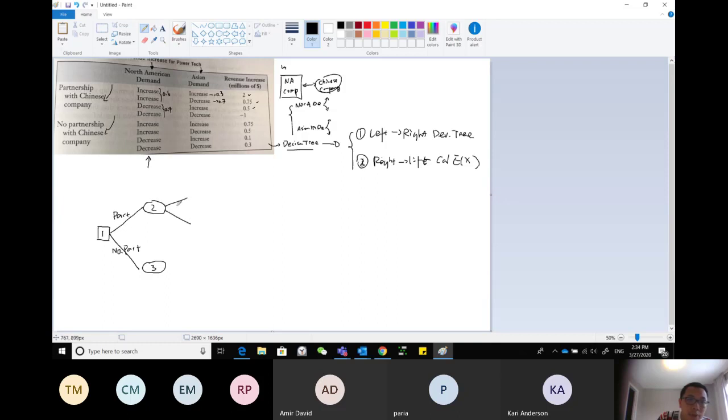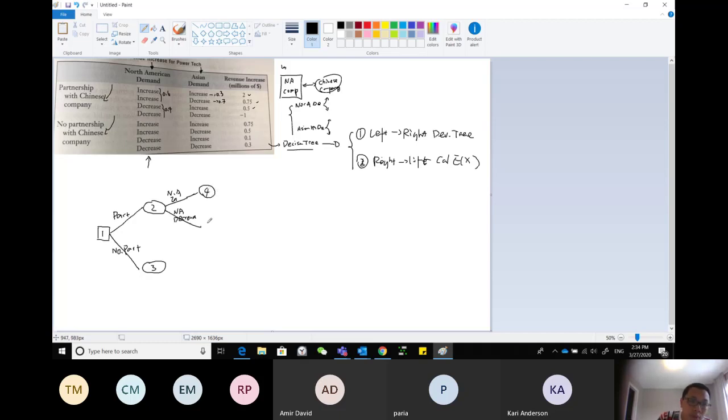So we'll have 2 cases here. One is a North America increase, right? And the second case is North America decrease, right? So this will branch out to 2 different nodes.